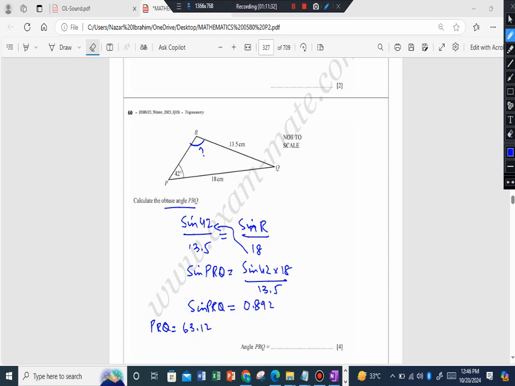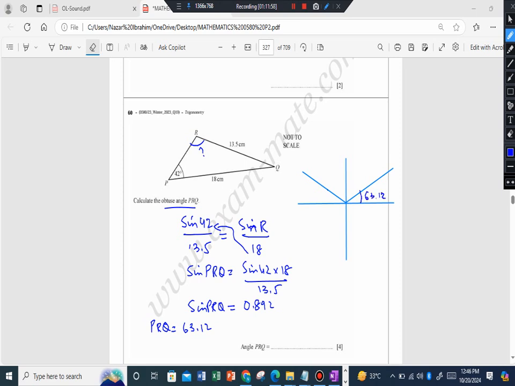So to take out the obtuse angle, again I'll simply make a partition plane. We know that the one angle of sine is in the first quadrant, and the same value we can get in the second quadrant. So if this is 63.12, this is a base angle.